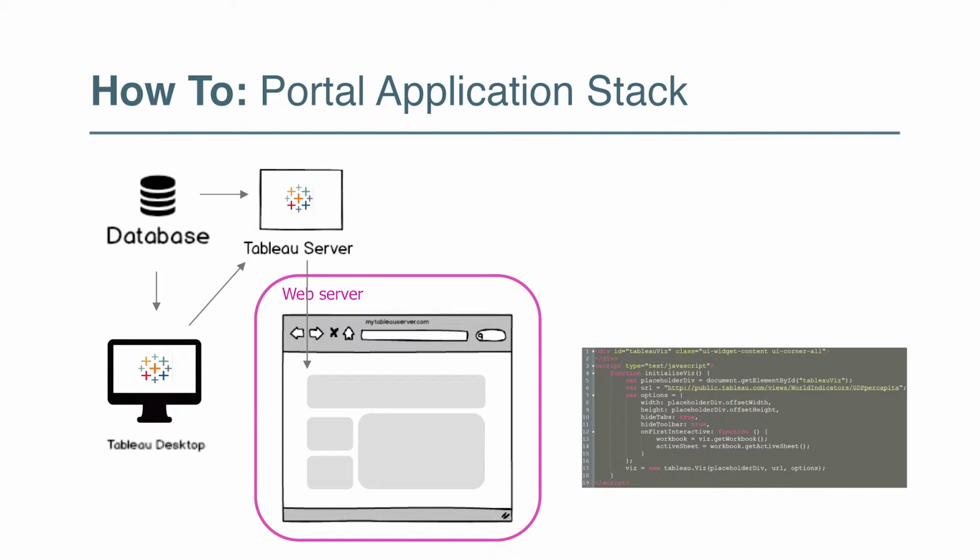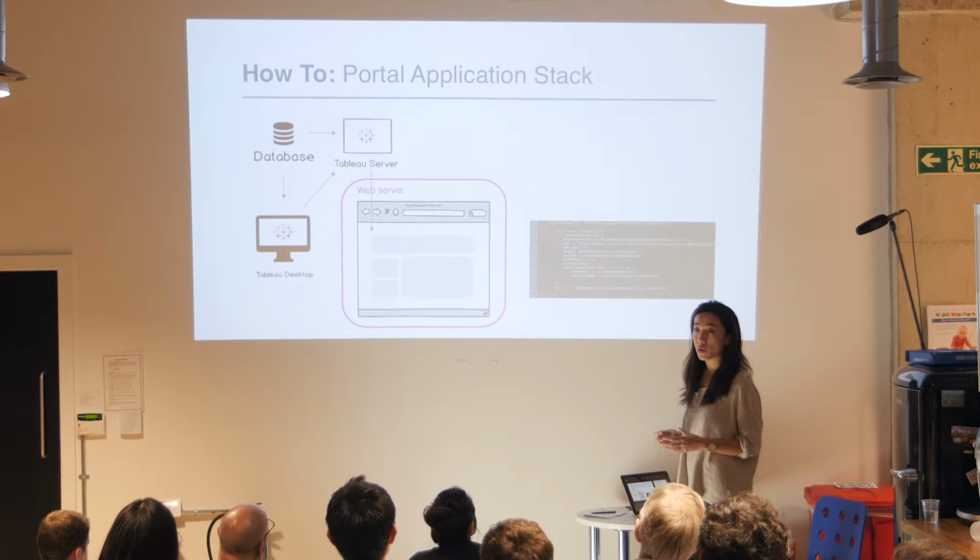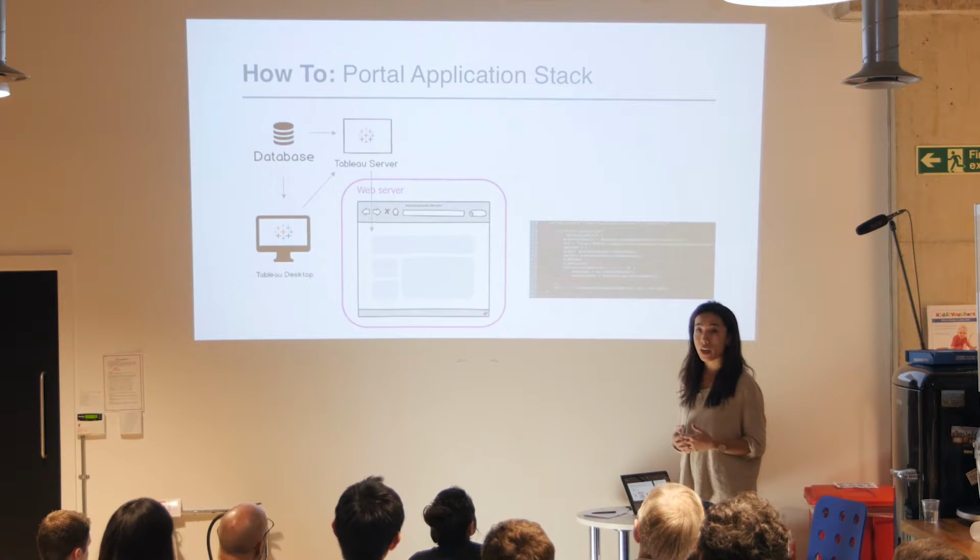What we want to do is take that viz and embed it into your own web page. So instead of using the Tableau hosted website, by using a simple function within their JavaScript API, you can retrieve that object and then store it as an iframe and then embed it into your web page like any other HTML object.